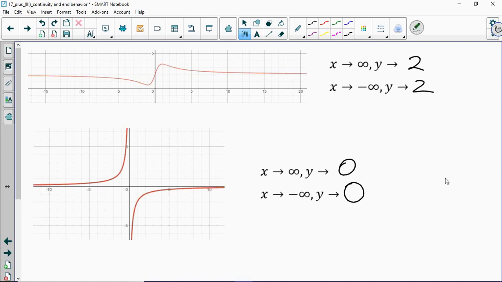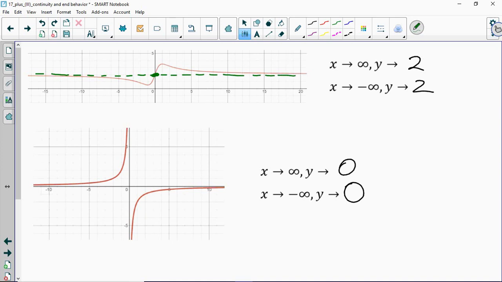I need to point out that a lot of people think that an asymptote is a value that the function is never equal to, but we see in the top example that this function actually does have a y value that's equal to 2. So it's possible for the function to cross over the asymptote.